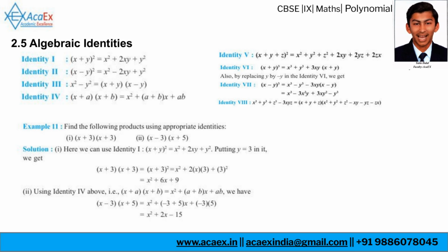Identity 7: (x minus y) cubed equals x cubed minus y cubed minus 3xy(x minus y). Identity 8: x cubed plus y cubed plus z cubed minus 3xyz equals (x plus y plus z) times (x squared plus y squared plus z squared minus xy minus yz minus zx).